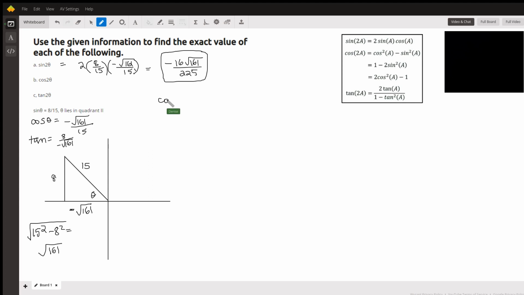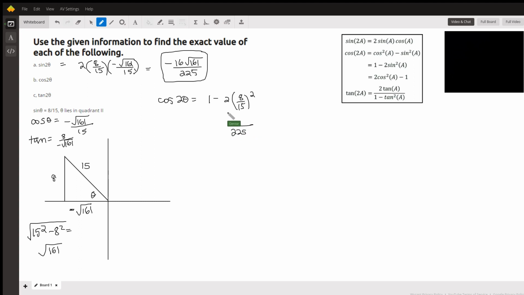Okay, for cosine of 2 theta, I can use any of these formulas. I think I'm going to use the one with the sine squared just because this is a little bit simpler, in my opinion, to work with. So this will be 1 minus 2 times 8/15 squared. 15 squared is 225.